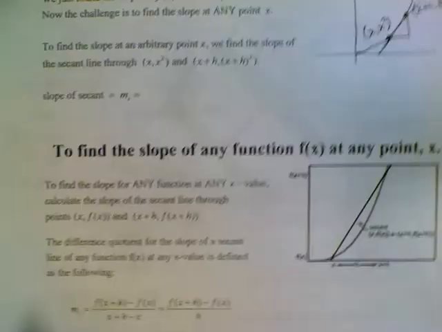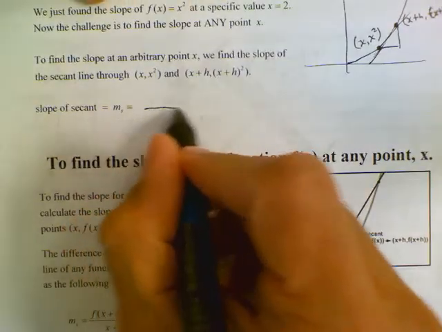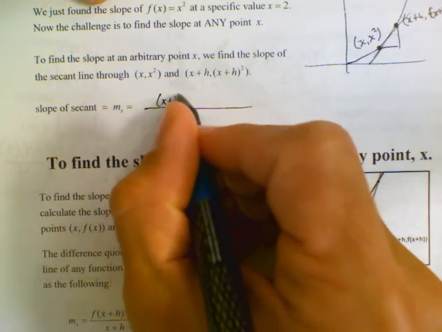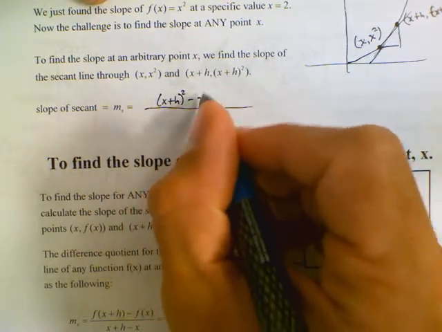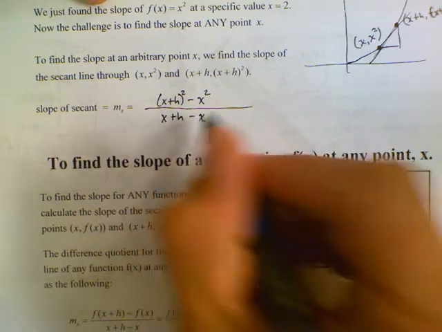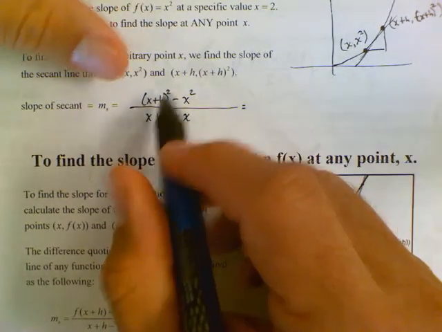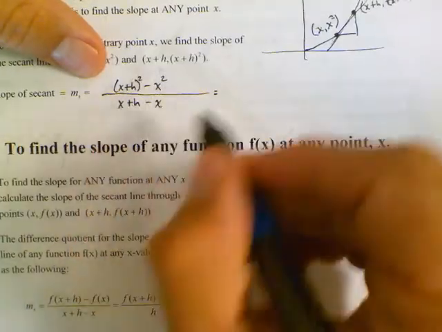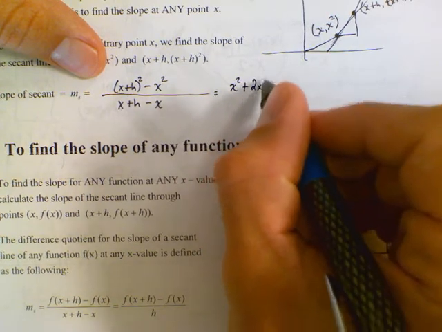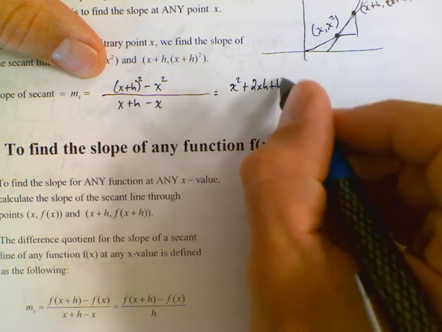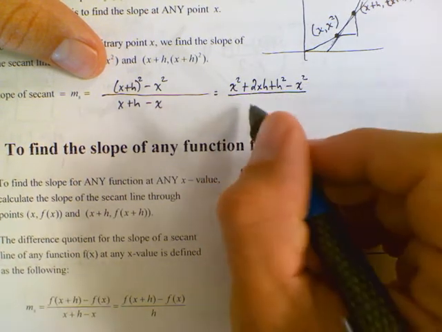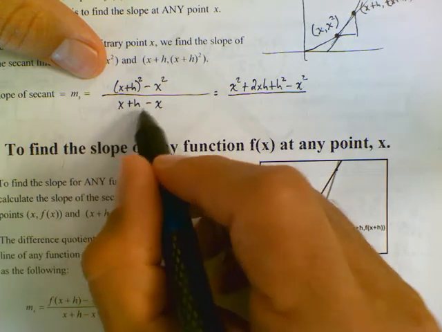So let's do that. It's a difference quotient: x plus h squared minus x squared all over x plus h minus x. Expanding the binomial will give us x squared plus 2xh plus h squared minus x squared, all over x plus h minus x.